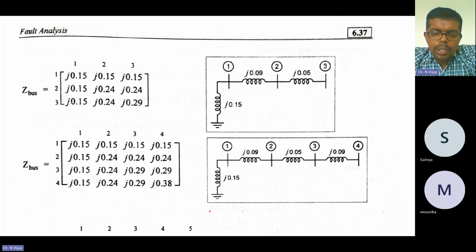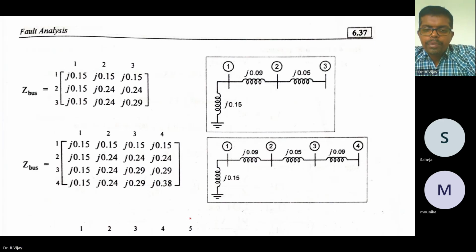So you need to multiply, sorry, you need to add that. And here you get the answer as j into 0.38. So easily you can write over here, that is j into 0.38.